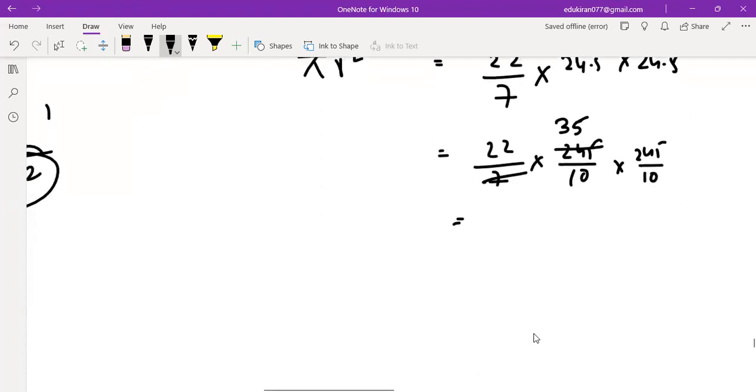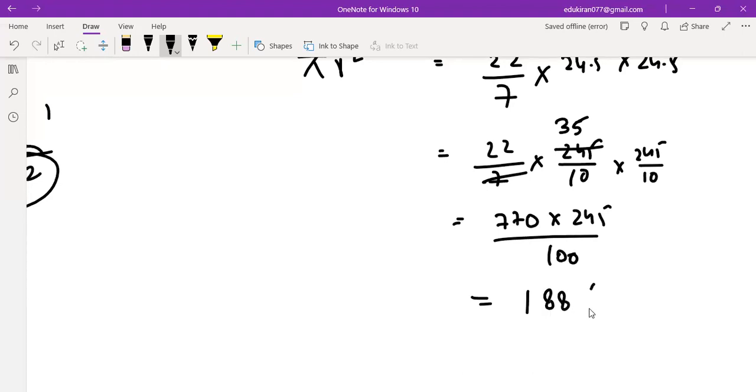What I personally do is just multiply the above values. So 35 multiplied by 22 would give you 770. Multiply by 245 below is 1886, 650 this, right? So you can convert this into decimal now. 2 zeros.